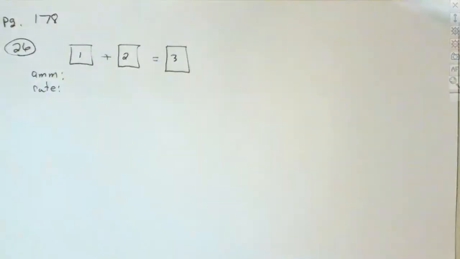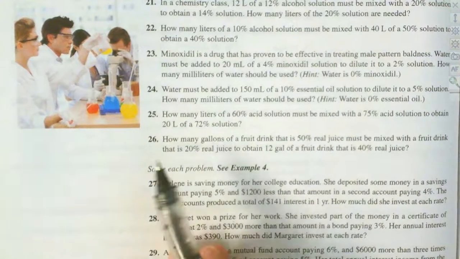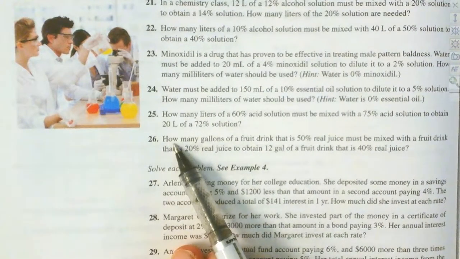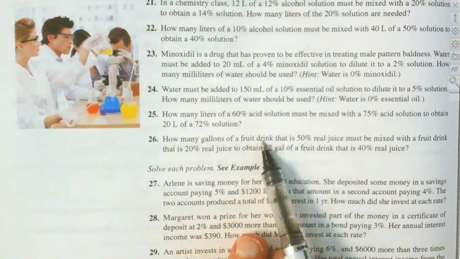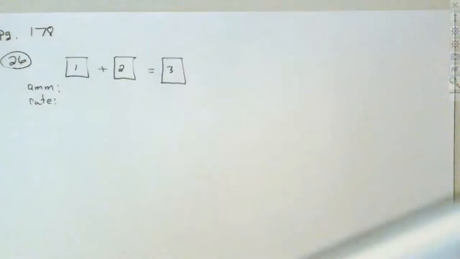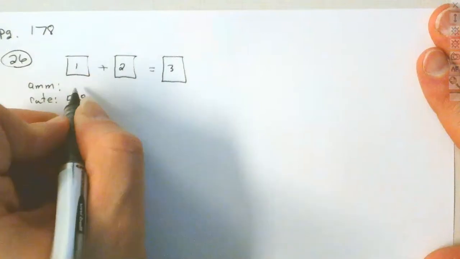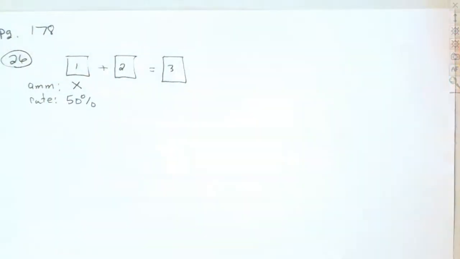Okay, so let's read it through and stop at each part. How many gallons of a fruit drink that is 50% real juice? So the first thing I see is I've got 50% juice, and I have no idea how much is in there. So that's the X. So take little tiny parts at a time.